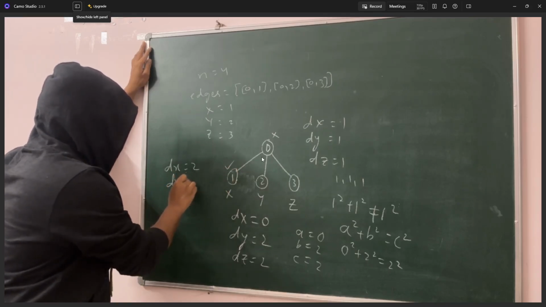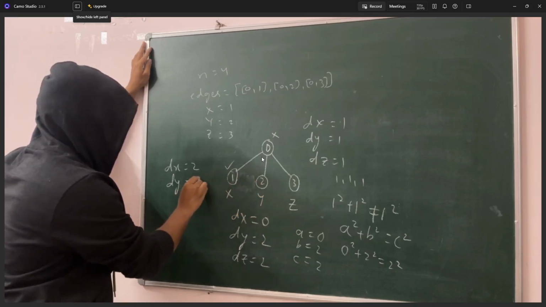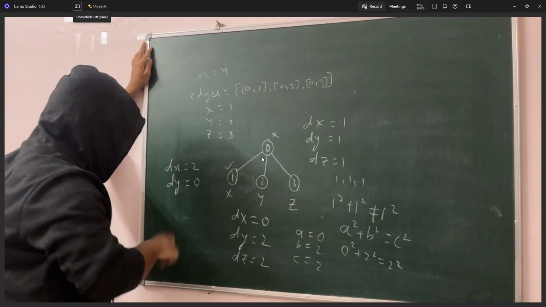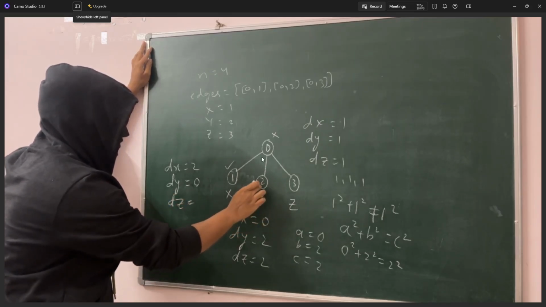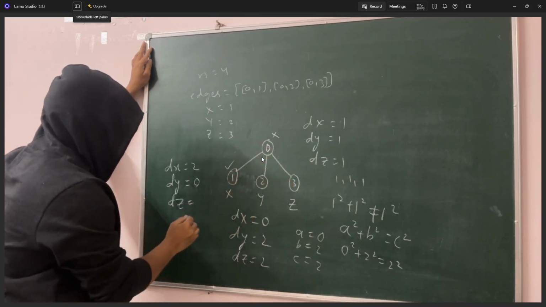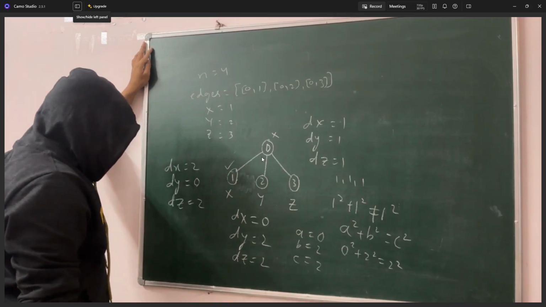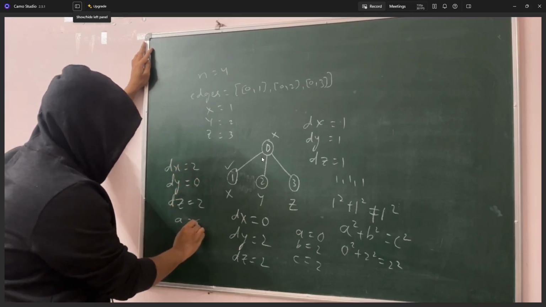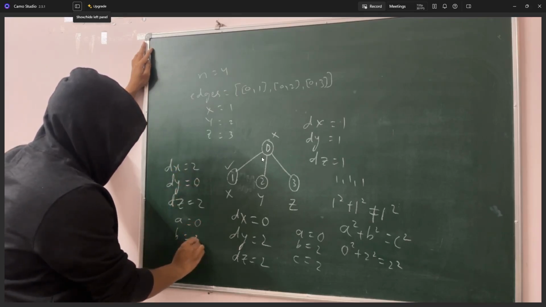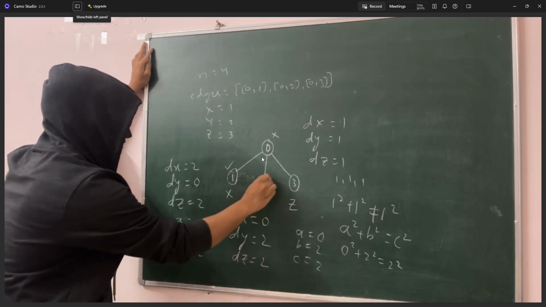Your dy is going to be 0, since it is the same node. dz is the distance from this node to the node z, which is 1, 2. So again sort it, like a will be 0, b will be 2, c will be 2. Same thing, so it is also a special triplet.